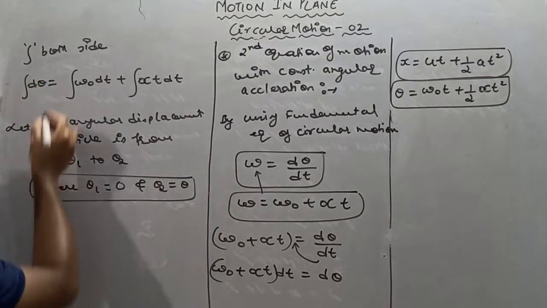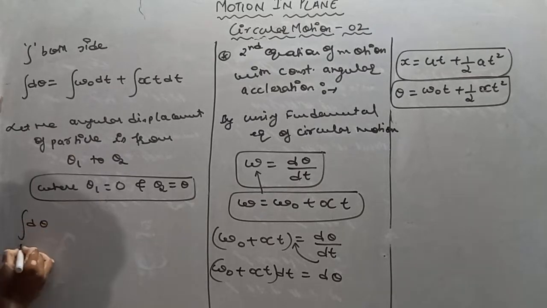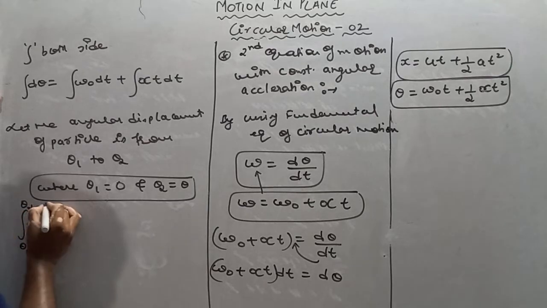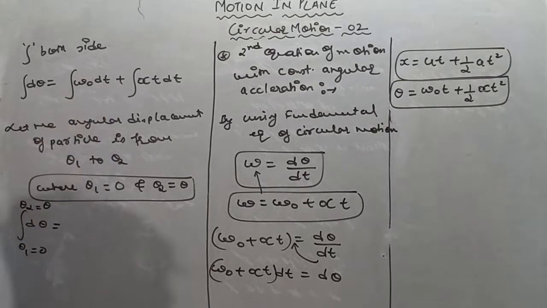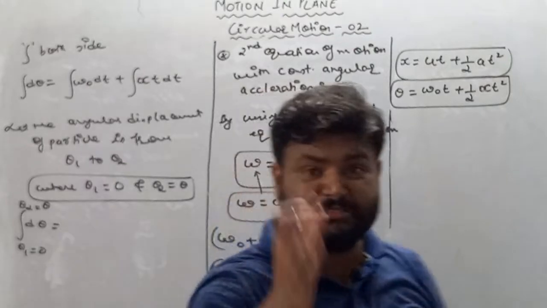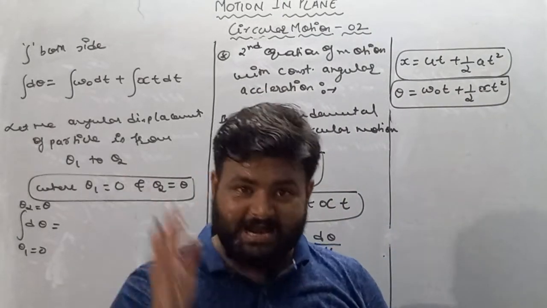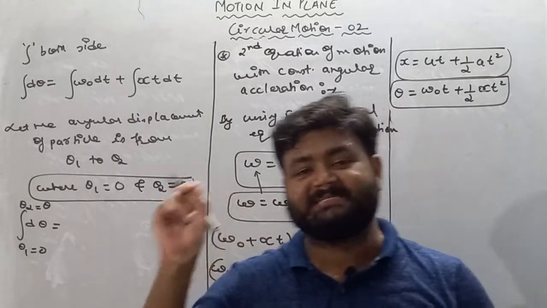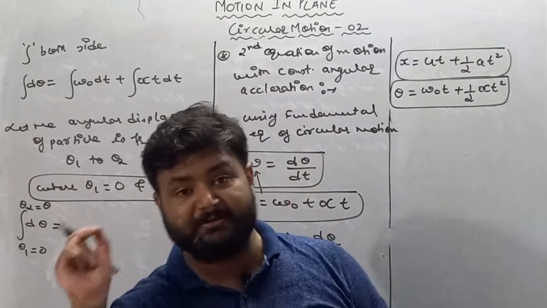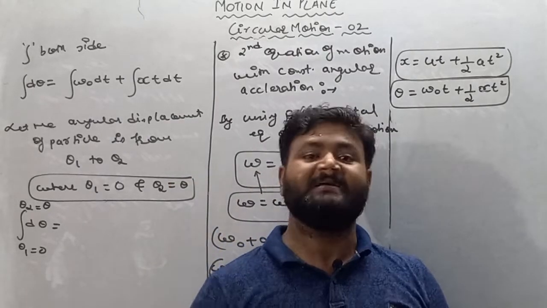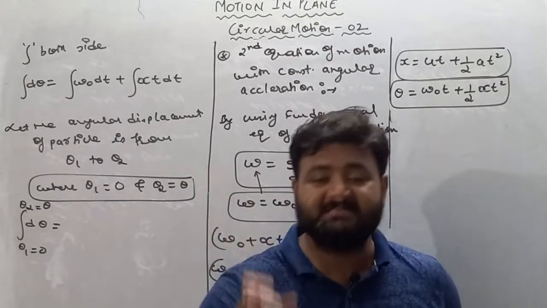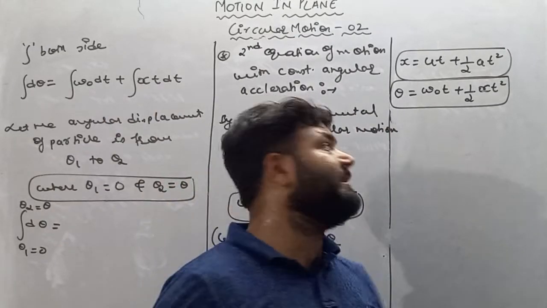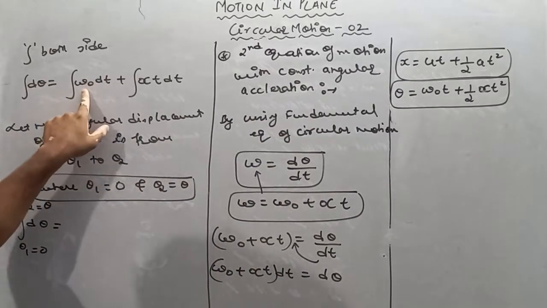So I'll put the limit. So integration of d theta from theta 1 to theta 2, and theta 1 is 0 and theta 2 is theta, is equal to, my dear students, omega naught. Omega naught is initial angular velocity. In motion in a straight line, I already told you, once the particle starts its motion, then we cannot change its initial velocity. Similarly, once the particle starts its motion on a circular track, then we cannot change its initial angular velocity.